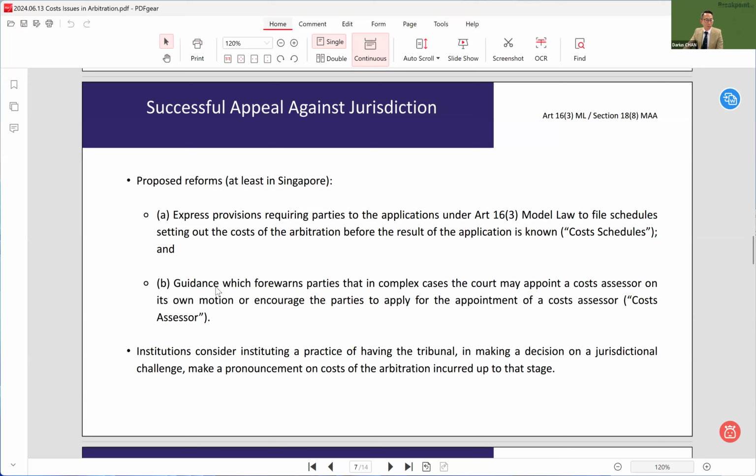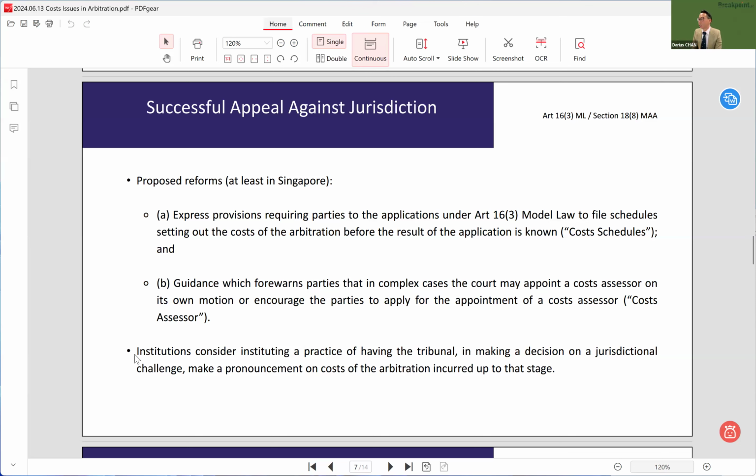Now, a third reform that is being considered is asking institutions to institute a practice that when a tribunal makes a jurisdictional decision, the tribunal will decide and pronounce on the cost of the arbitration incurred up to that stage, so that the court doesn't have to do it at a later stage.